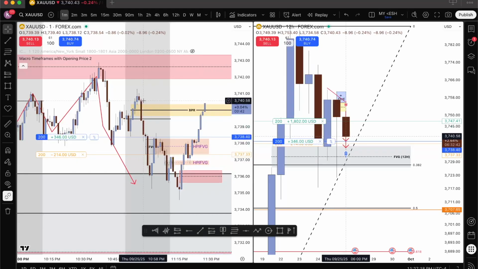So basically, all of this is just inefficiency. That means everybody that sold in during this leg may not have gotten filled properly. So that's really the reason why that happened.